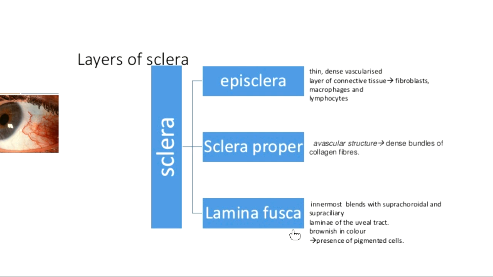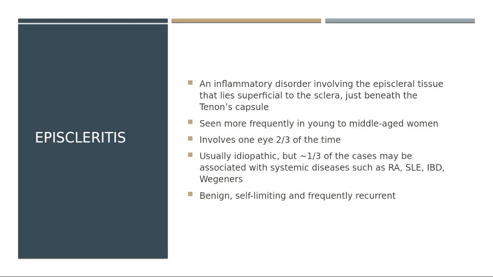And then you have the innermost layer, where you have the collagen fibers that intersect with your uveal tract. And episcleritis is an inflammatory disorder involving the episcleral tissue that lies just superficial to the sclera proper.